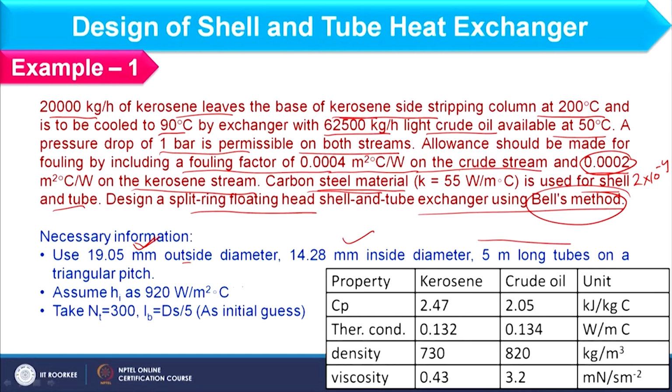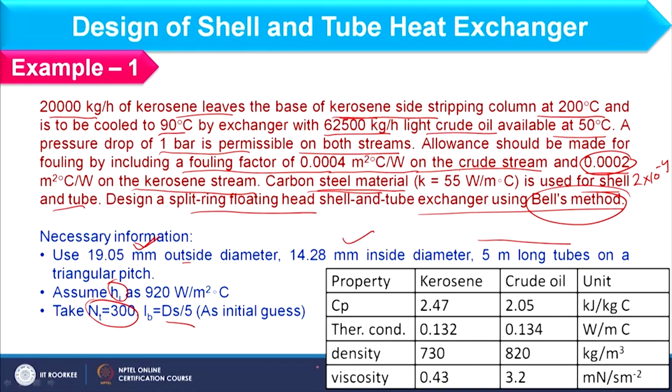We have to assume HI as 920 watt per meter square per degree Celsius. It means the tube side heat transfer coefficient is already given. So we have to focus only on the shell side because Bell's method is applicable to the shell side only. Number of tubes is given as 300 and baffle spacing is given as ds by 5.